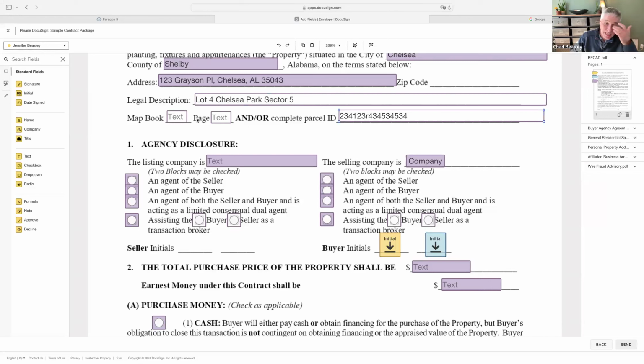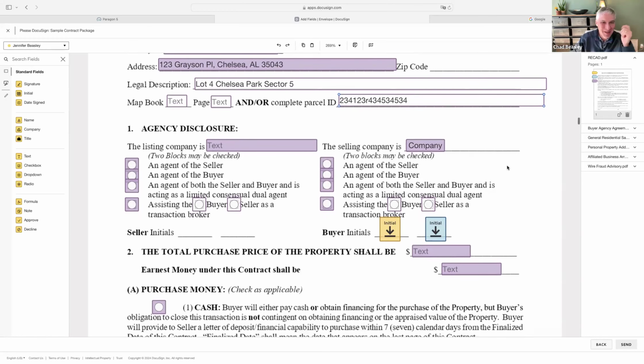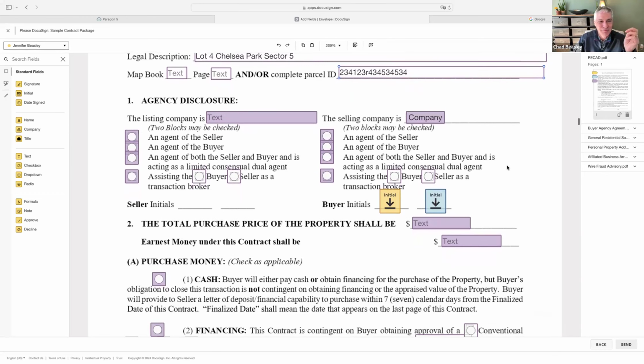Map book and page are in the tax record, but like it says here, it's the legal description and the map book and page or the completed parcel ID. So if you put one, you don't have to put the other. I usually put both. I'm weird that way. I like more information, but you can do it however.